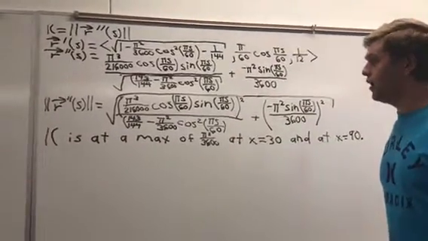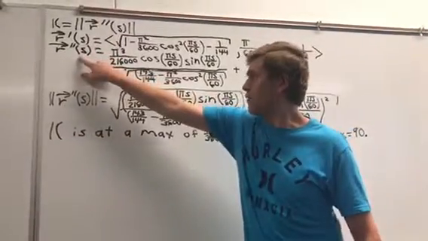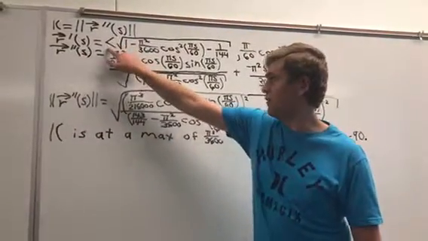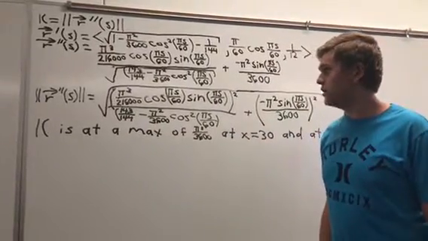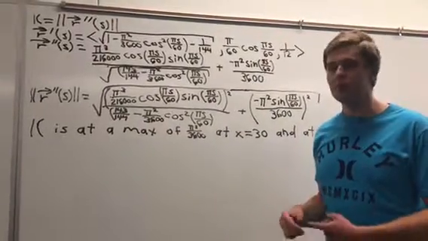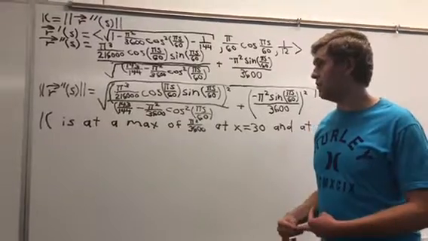And then to get r double prime of s, we need to take the derivative of r single prime. And to do that, you need to use the product rule and the chain rule.